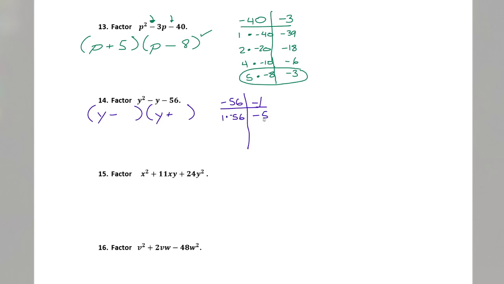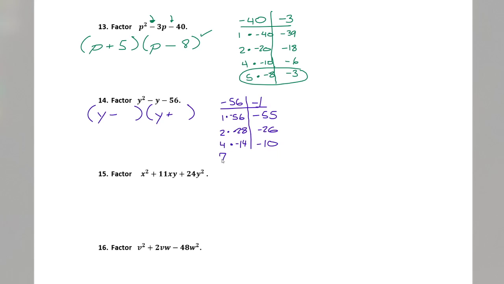So this will be -55. 2 times -28 is -26. 4 times -14 is -10.